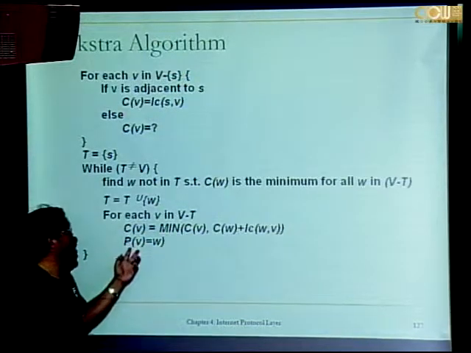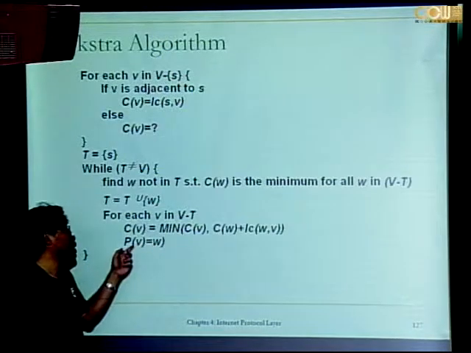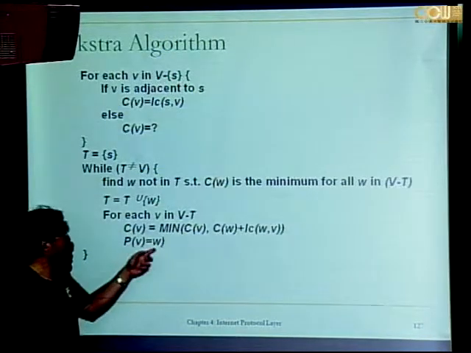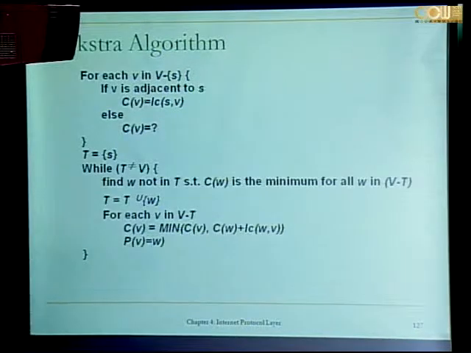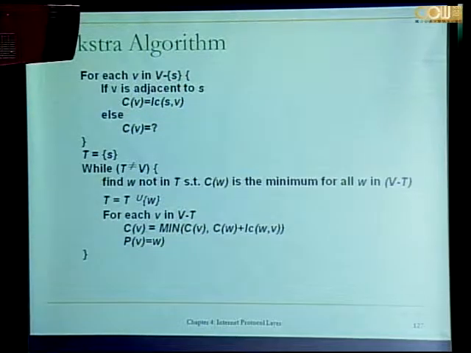And then for PV, if I relabel, then W becomes the next hop, the previous one. Okay. So this is essentially what we have run through.